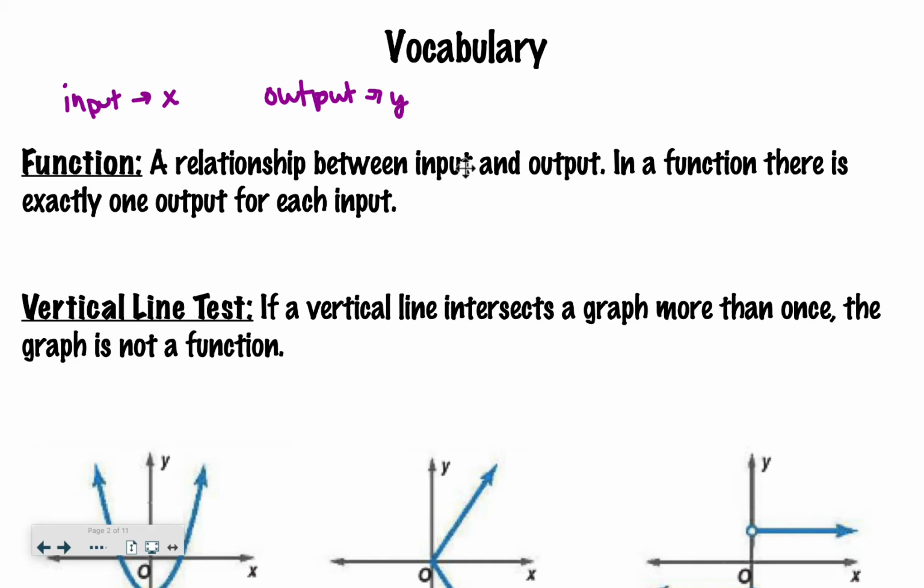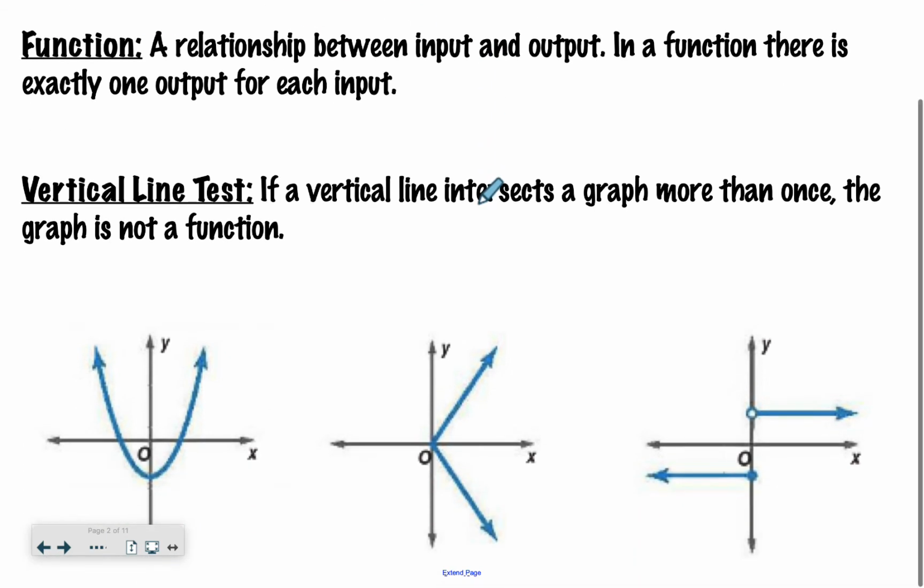And the next thing for vocab is the vertical line test. If a vertical line intersects a graph more than once, the graph is not a function. Let's remember that vertical means the straight up and down lines.